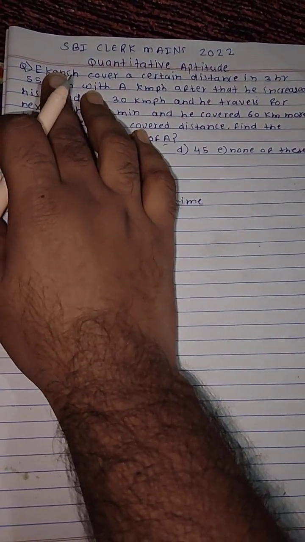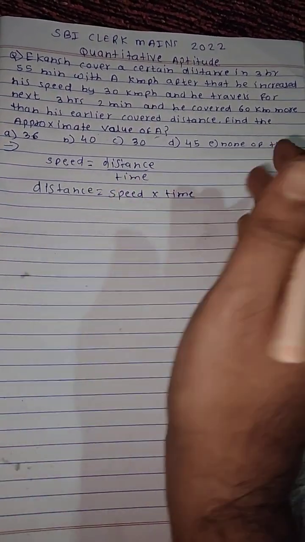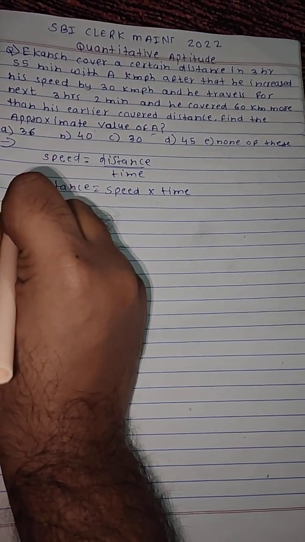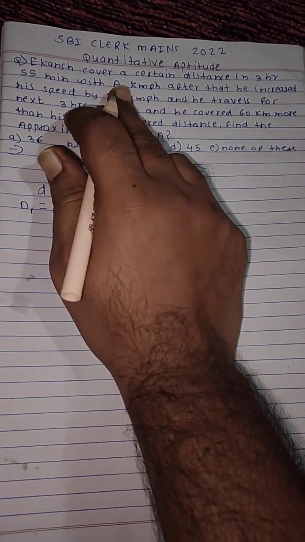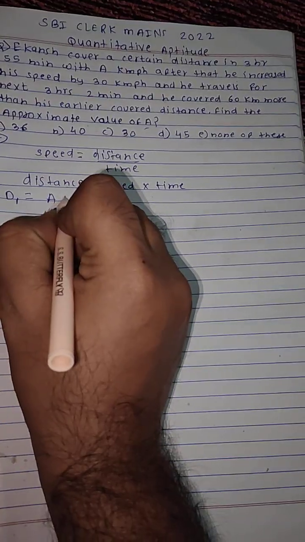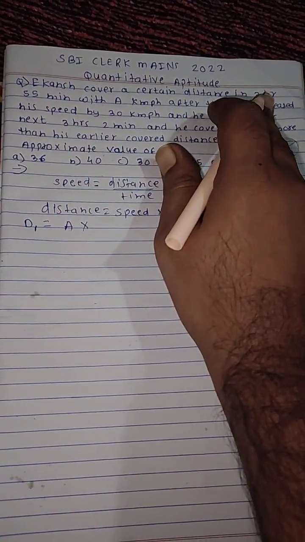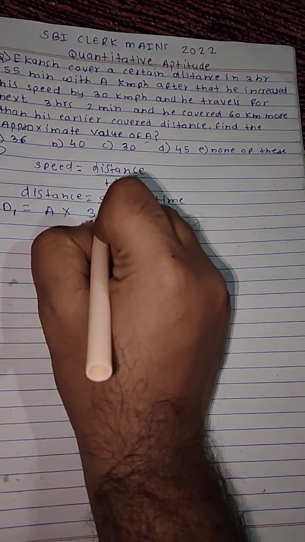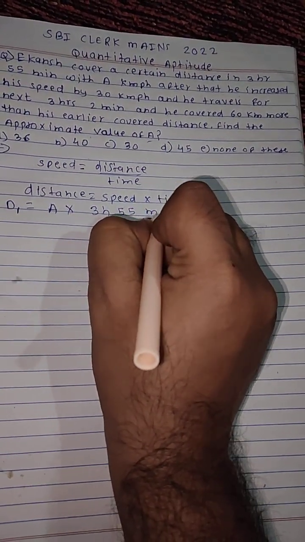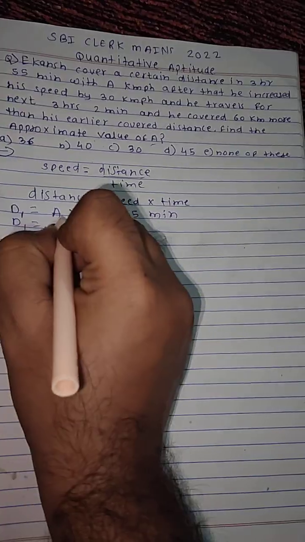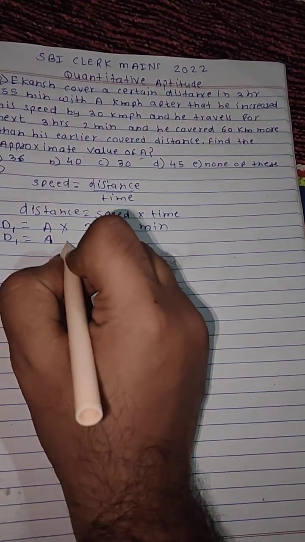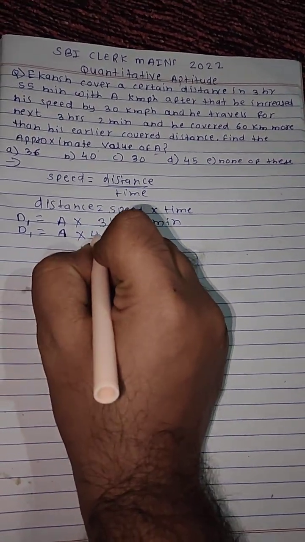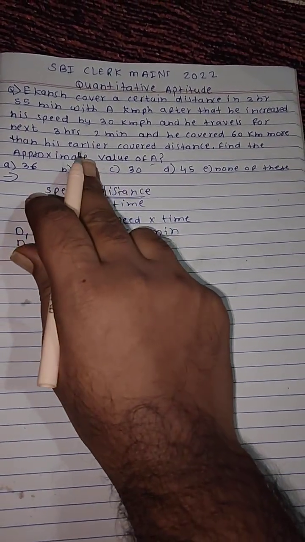For the first case, Akansh covers a certain distance, which we will call D1. The speed here is A, and the time they have mentioned is 3 hours 55 minutes. For solving easily, we can approximate 3 hours 55 minutes as 4, since approximate means we need a nearer value.